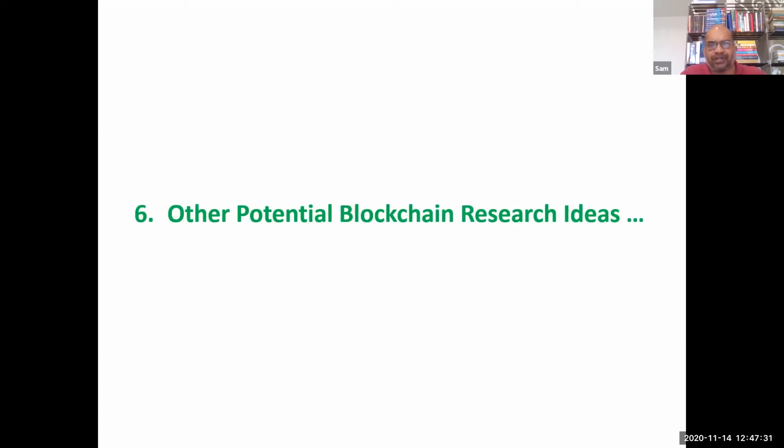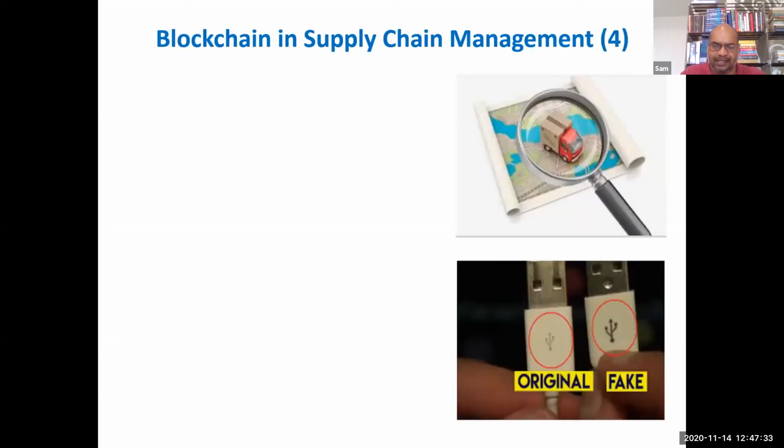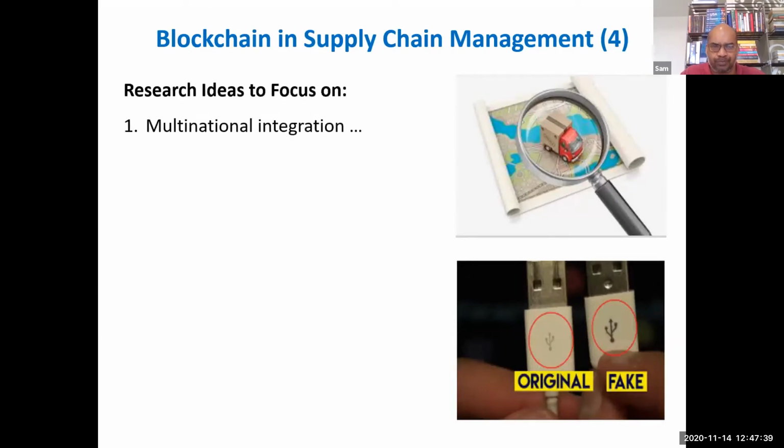Looking at other potential blockchain research ideas, as I said, there are huge applications in supply chain management. For example, multinational integration, that is, supply chain management systems that span a number of countries. For example, the raw materials come from another country, manufacturing is in another country, supplied in another country, logistics, and then finally to your country, the entire supply chain.